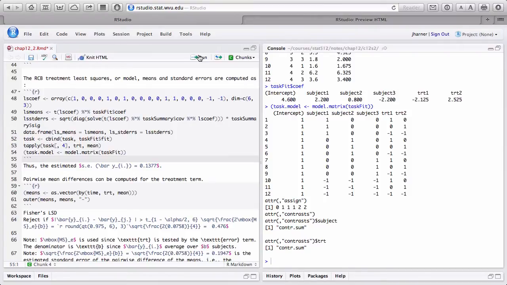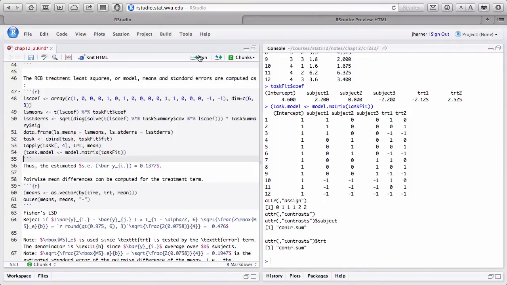So if I wanted y sub ij, and let's suppose I want y sub 1, 1, which is the first treatment with the first subject, it will be mu plus beta 1 plus alpha 1 plus epsilon 1, 1. That would be y ij, or in this case y11. And then the second one would be the same, except that I would have a plus alpha 2. And the third one, I would have a minus alpha 1 minus alpha 2.